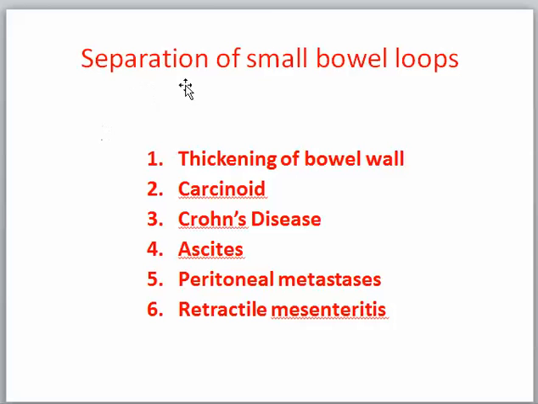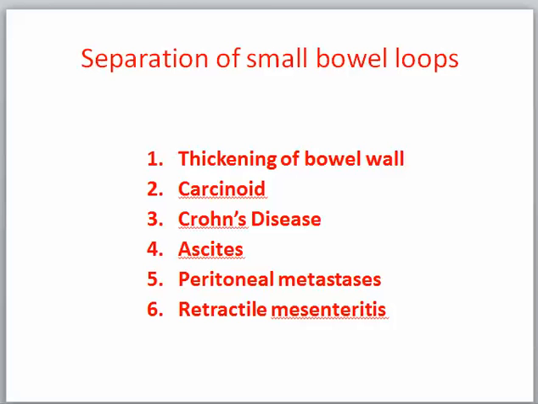Now, when to get separation of small bowel loops? We have an idea about dilatation of small bowel loops, and we said the 3S: the sprue, the small bowel obstruction, and the scleroderma, and the three should have normal mucosa.